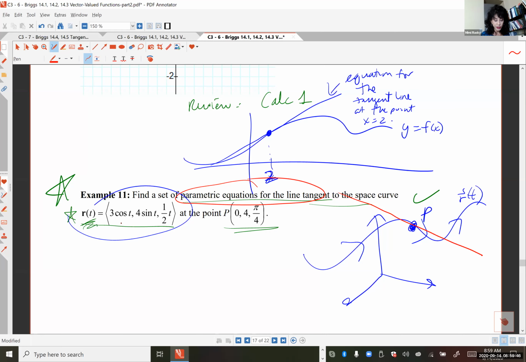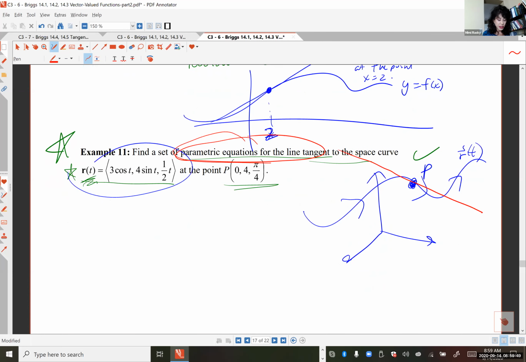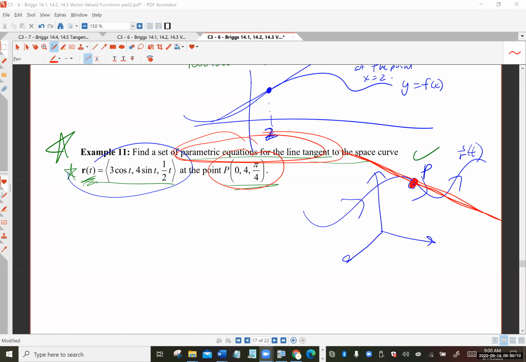Very carefully. The first thing you're going to do is remember some knowledge from finding parametric equations for a line. You need two pieces of info. You need a point that lives on the line, and good news, this point right here, P, is going to be a point on that tangent line. And what other piece of info do you need? I'll open it up to see if anybody remembers. The derivative of the tangent line.